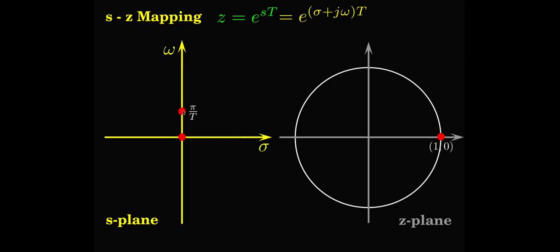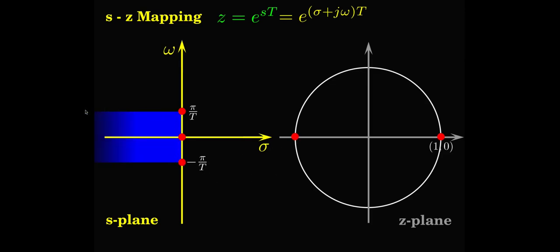Now let me mark a point pi by t and another point minus pi by t. Now if I take all the points to the left of that, pi by t maps to this point in the z plane, minus pi by t also maps to this point in the z plane.